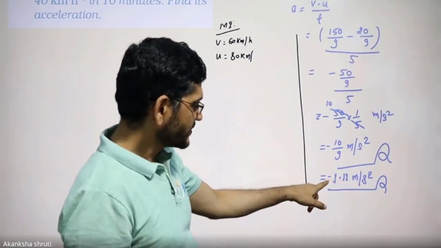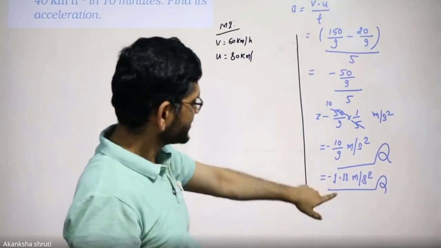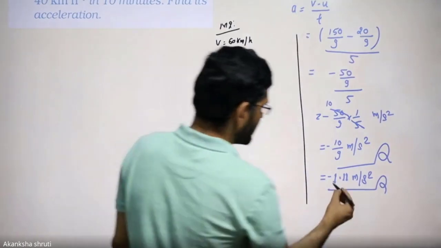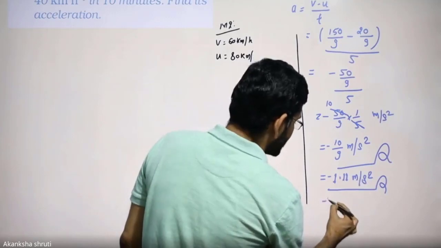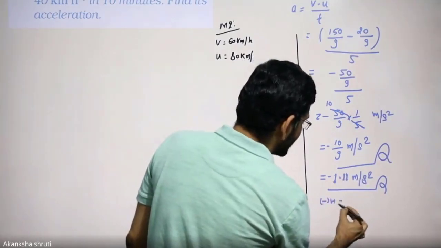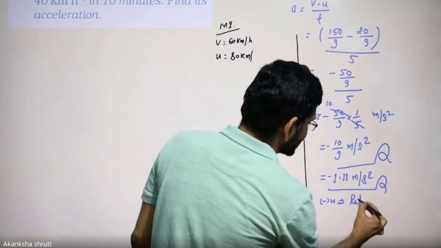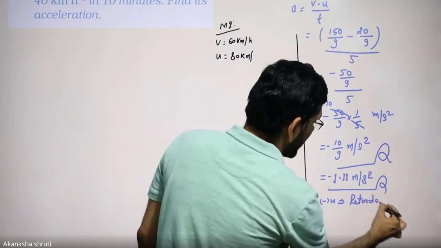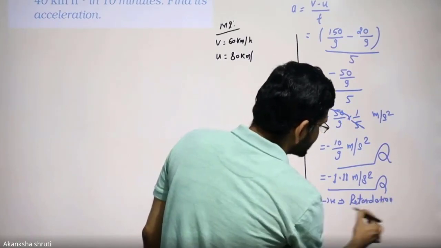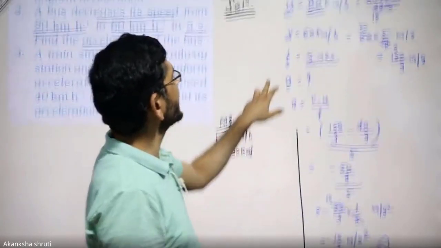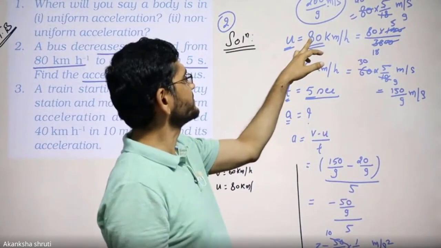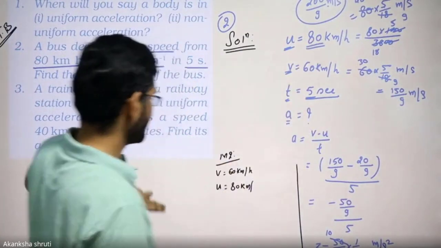Students, the acceleration that we are getting is minus 1.11 meter per second square. This negative sign indicates it is a retardation, or the negative sign signifies that our calculation is correct where the speed has decreased because initially it was 80.